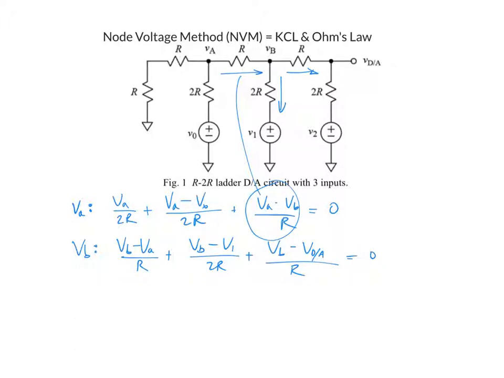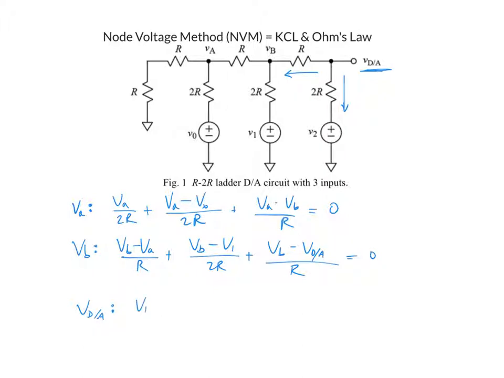Okay, so I also have to have node VDA, even though it's a non-essential node, meaning there's not 3 branches. There's only 2, but VDA is the value that we want to know. So we're labeling this node so that we can find out that value.